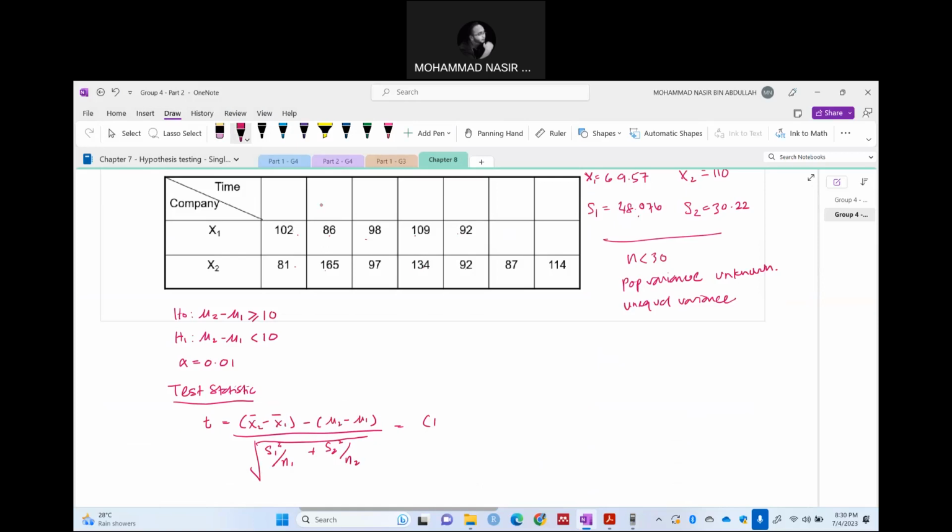So this is 110 minus 69.57 minus 10, divided by the square root of 48.08 squared divided by N1 equal to 5, plus 30.22 squared divided by 7.